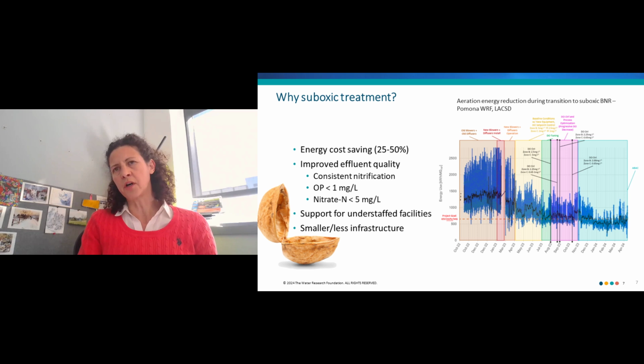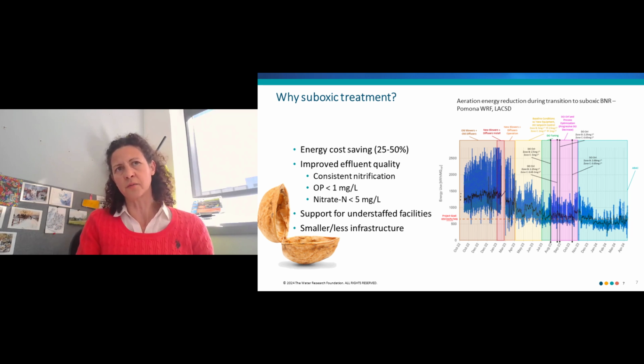But really, for many utilities, the energy savings are second to the nutrient quality that they need to achieve to discharge the effluents. And so what we are going to focus on, and we'll show you with the three webcasts, really all of them, is that not only energy savings are achieved, but that we greatly improve the effluent quality.